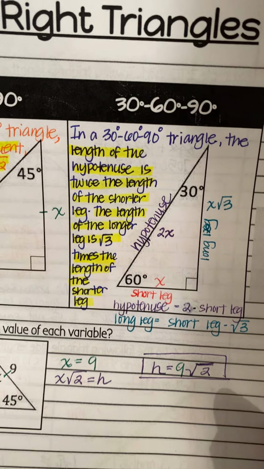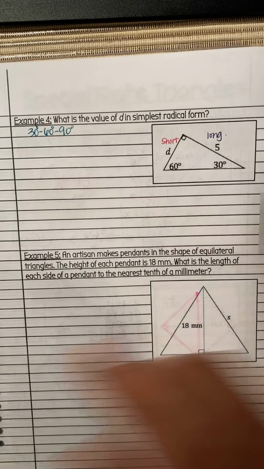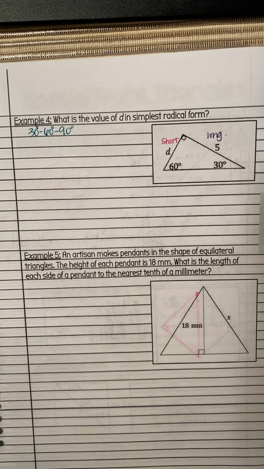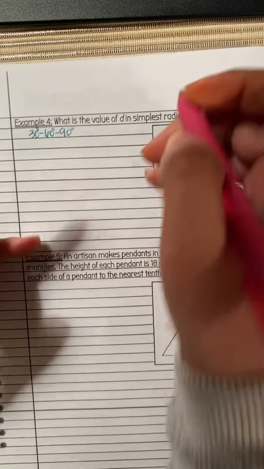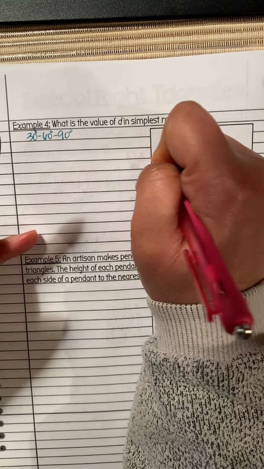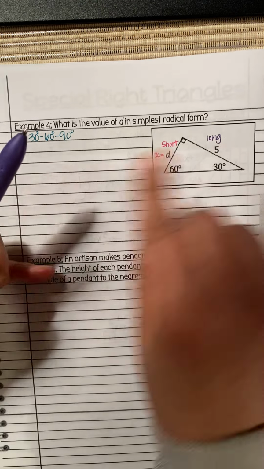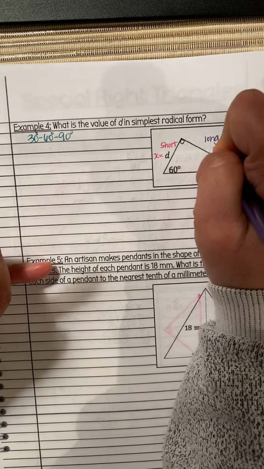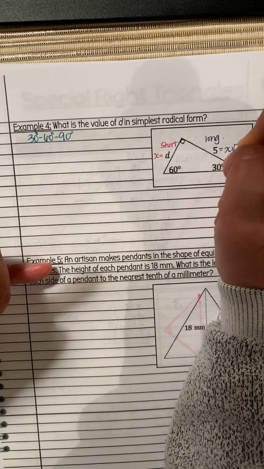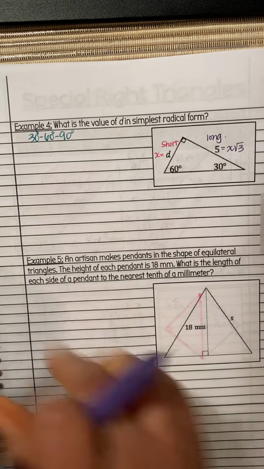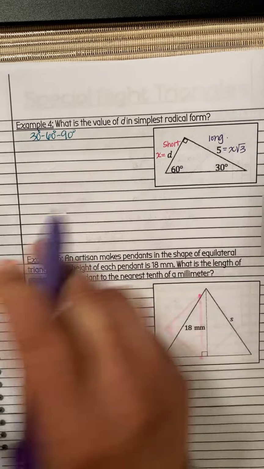For my long leg, I used x times the square root of 3. So we're going to implement that information. So for my short leg, x is going to be equal to d. And for my long leg, 5 is going to be equal to x times the square root of 3. And we're going to determine what d is going to be equal to, okay?